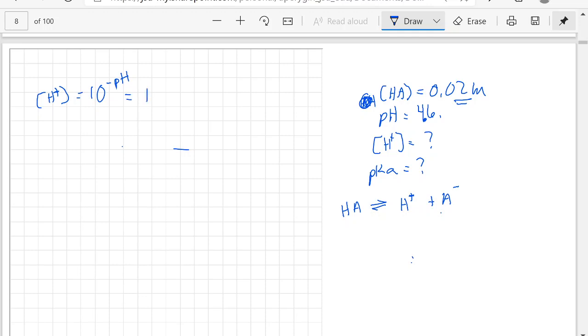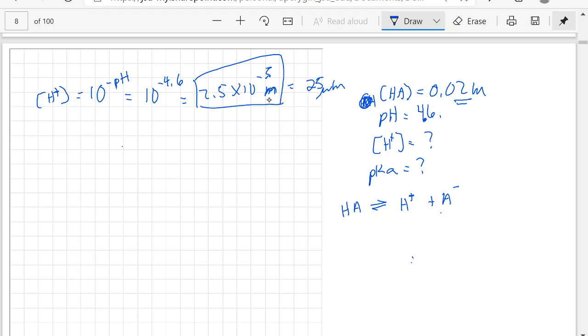So that's going to be equal to 10 to the negative 4.6, and that's equal to 2.5 times 10 to the negative 5th molar, which, if you want to convert that to micromolar, is 25 micromolar. So 2.5 times 10 to the negative 5th molar is the H plus concentration at equilibrium, which is, like I said, determined by the pKa.